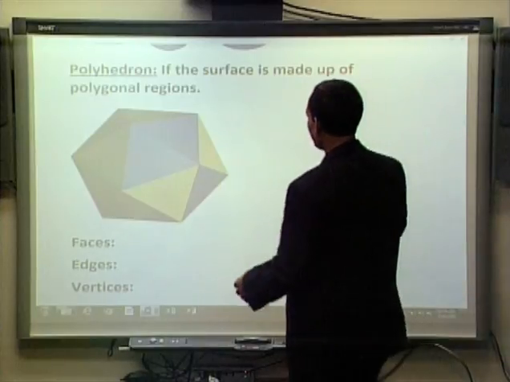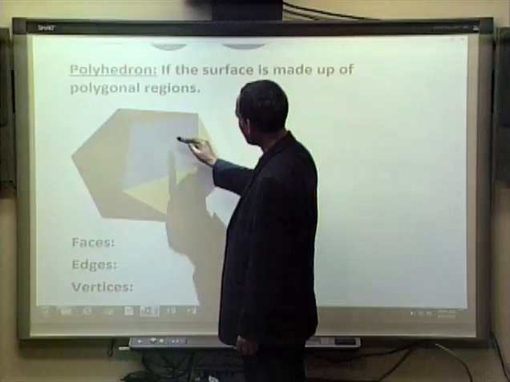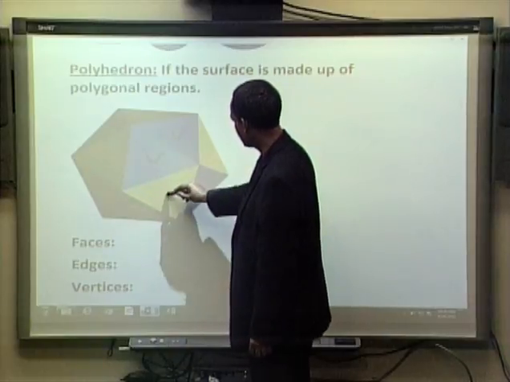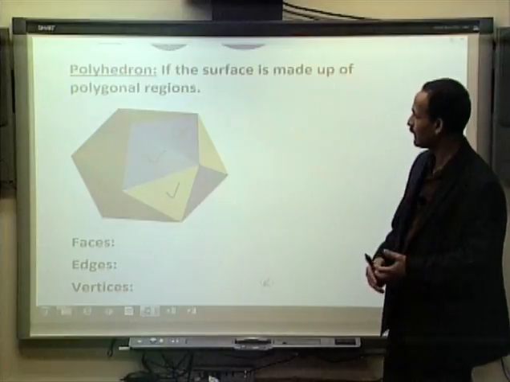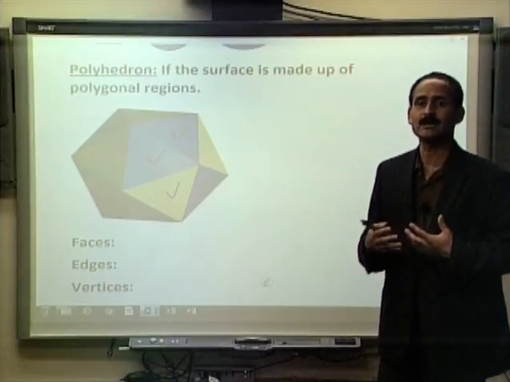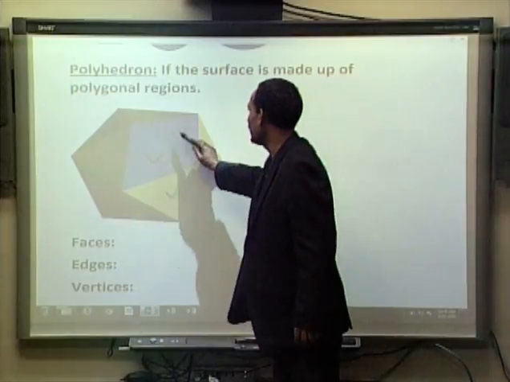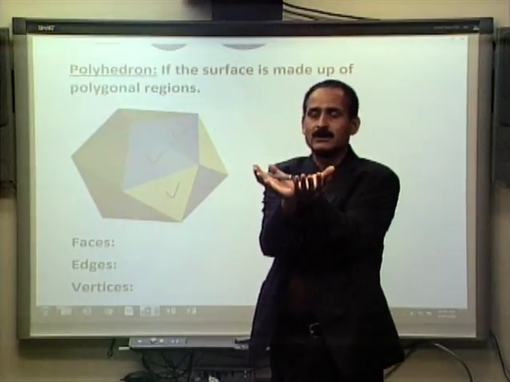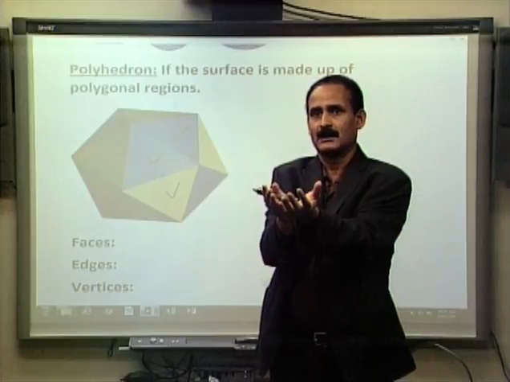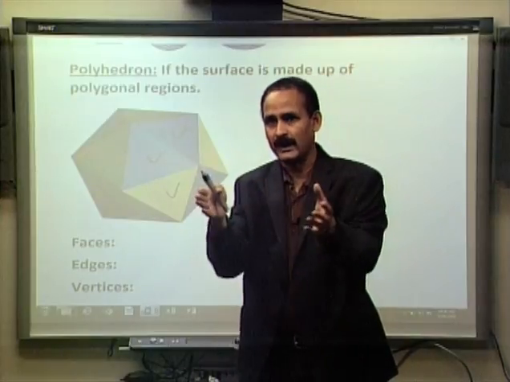This is an example of a polyhedron whose surfaces are triangles. Maybe not equilateral triangles, but the surfaces are triangles. Here is a triangle, another triangle, another triangle.